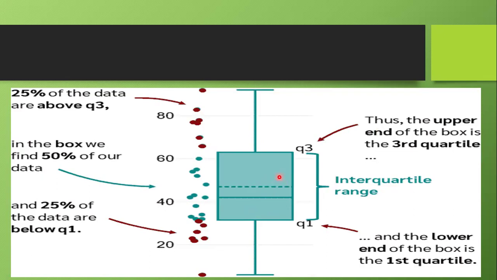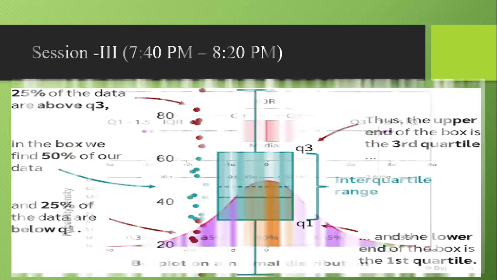When you see the box plot in SPSS, you need to understand that the lower part is Q1, the middle part is the median or Q2, the upper part is Q3, and this is Q4. So you need to understand the different parts of the box plot.